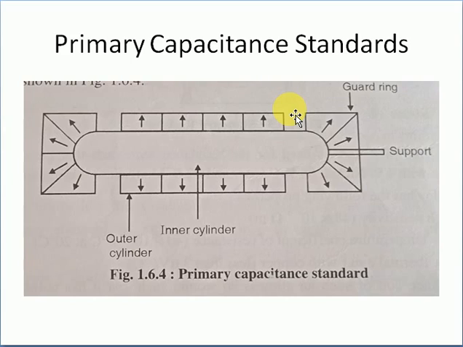A standard capacitor to be used as a primary standard should be such that its dimensions relating to its capacitance value are known very accurately. So air is used as the dielectric medium, as its permittivity is known very accurately.